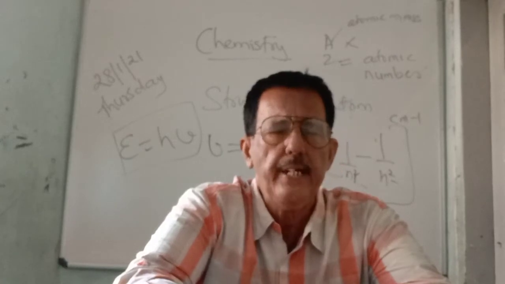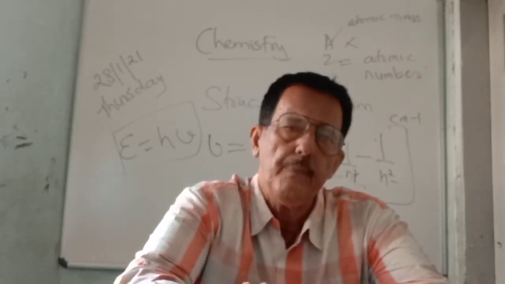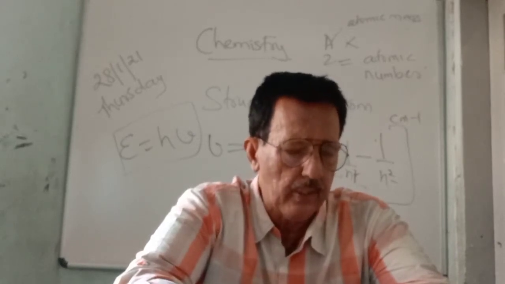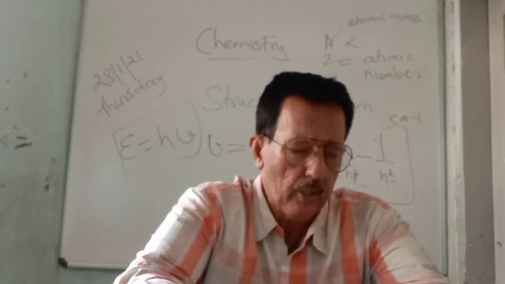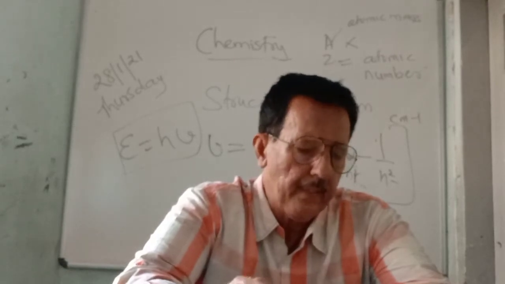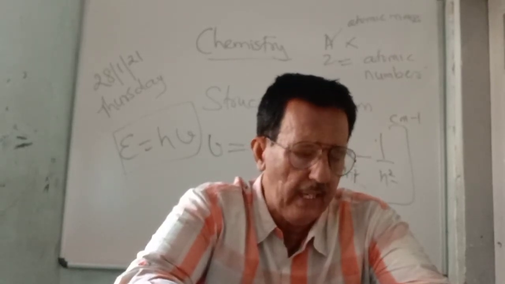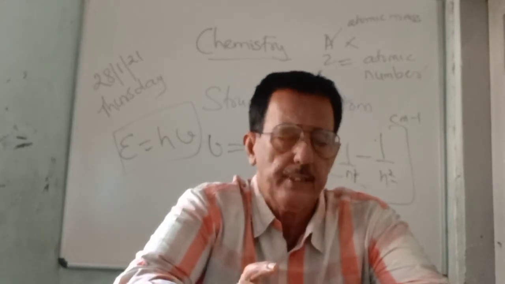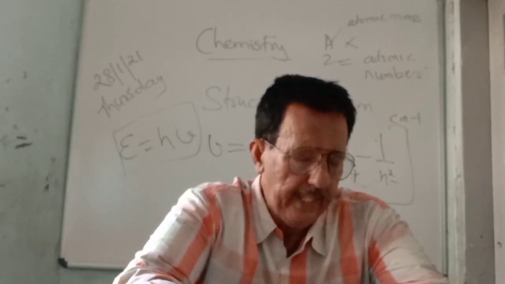The atomic number of any element is represented by the number of protons in the nucleus, number of unit positive charges, or number of electrons in a neutral atom. Explain example.